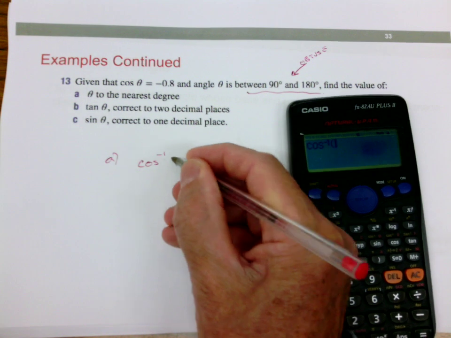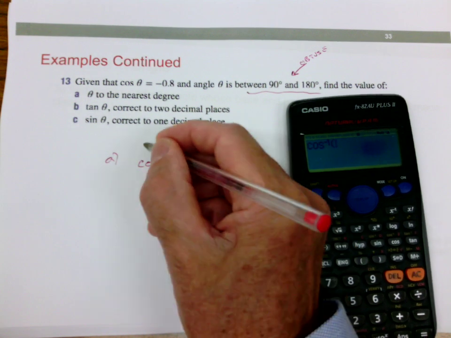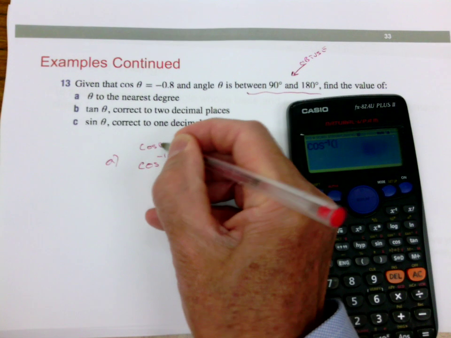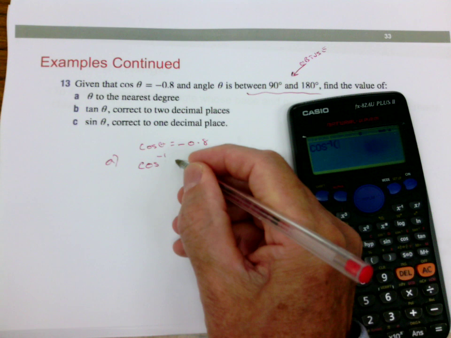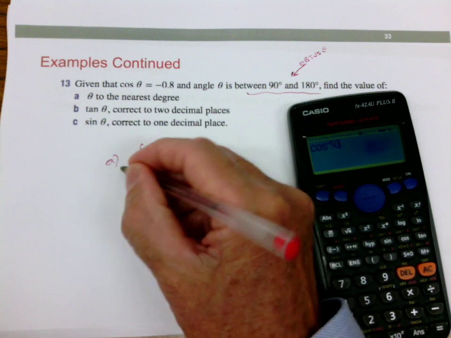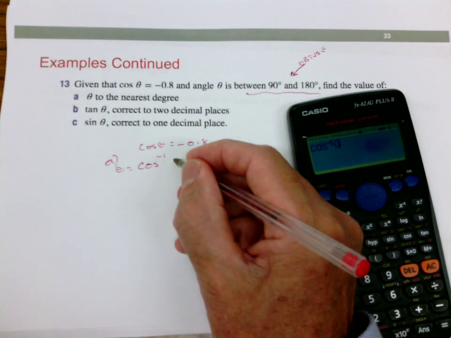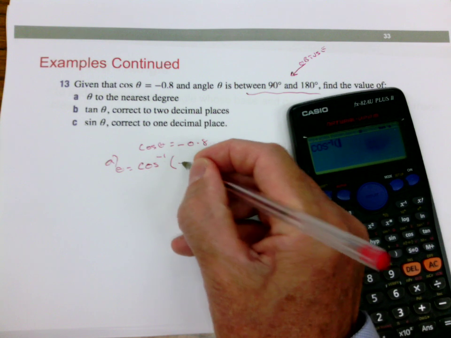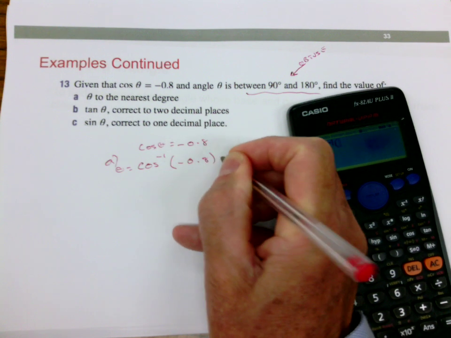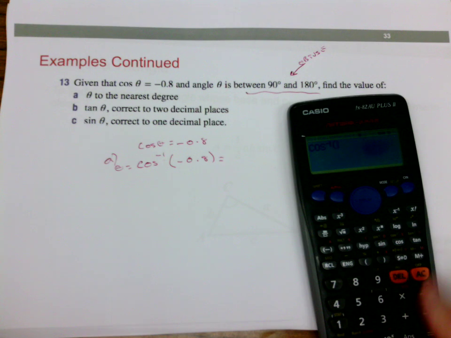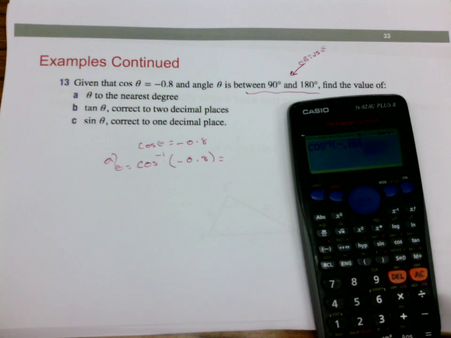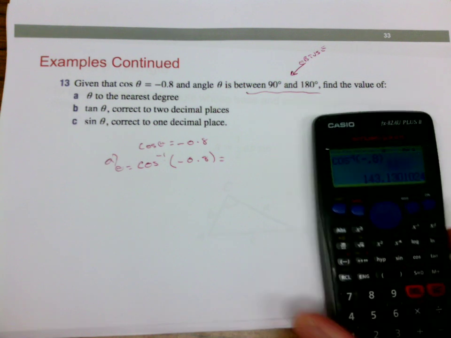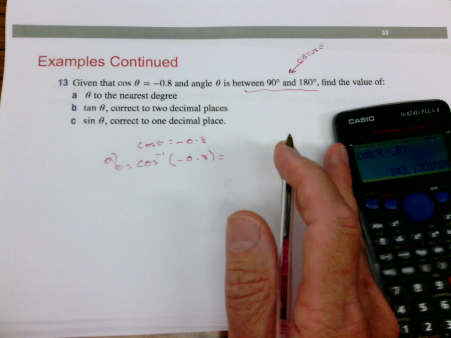We'd have the question cos theta equals -0.8. Then theta equals cos to the -1 of negative 0.8, and that's going to be 143. We're going to the nearest degree, so that's 143 degrees.